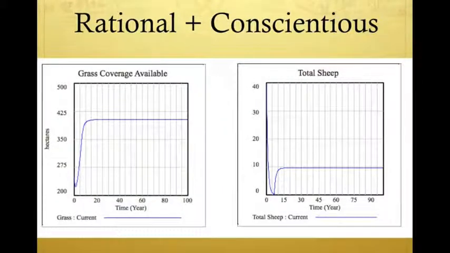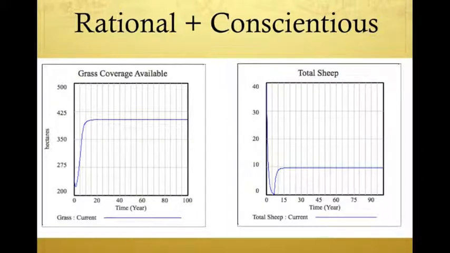Now let's take a look at an alternative approach, which is the rational and conscientious approach, and this leads to some sustainable dynamics. Just in order to compare apples with apples, this simulation was done so that the average grass over time was more or less the same as in the short-sighted approach.